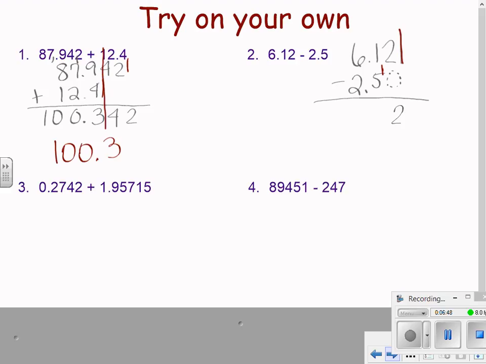So 2 minus 0 is 2. 1 minus 5, I have to borrow. I'm going to borrow from the 6 to make it a 5, and my 1 becomes 11. So 11 minus 5 is 6. 5 minus 2 is 3. Here's where my precision comes in. I can go no further than the tenths place once again, so I'm left with 3.6 as my final answer.